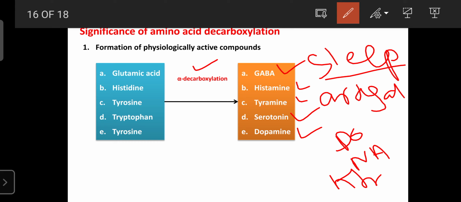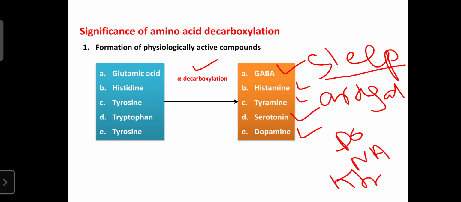These are all regulated by these neurotransmitters, neurochemicals, and neuromodulators, which are produced in our body, especially in the brain, by decarboxylation reactions of amino acids. So this is the important significance of the decarboxylation of amino acids.